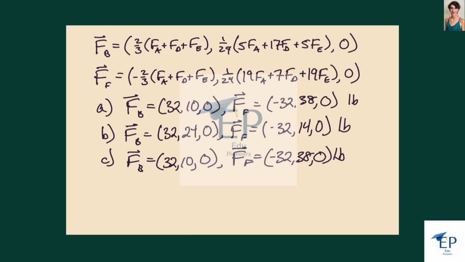And so when it's down here, when it's at A, we get 38 pounds. When it's at D, we get 14 pounds, and when it's at E, we get 38 pounds again.